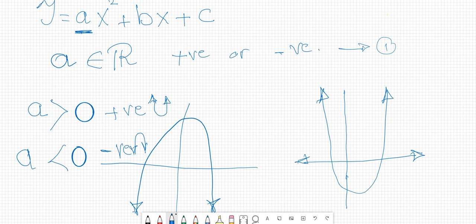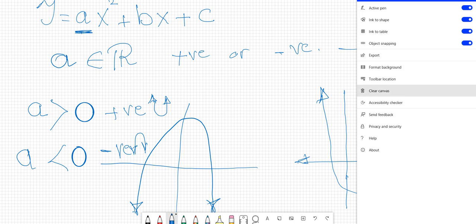Some questions I have heard before ask what if a is equal to 0.